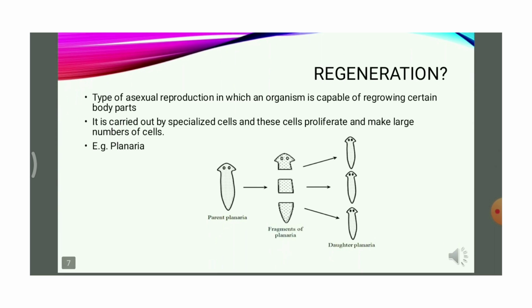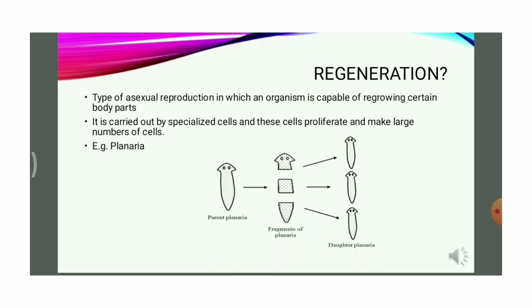Next type of asexual reproduction is regeneration. Regeneration is a type of asexual reproduction in which an organism is capable of regrowing or regenerating certain body parts. It is carried out by specialized cells, and these cells proliferate, meaning they develop and make a large number of cells.